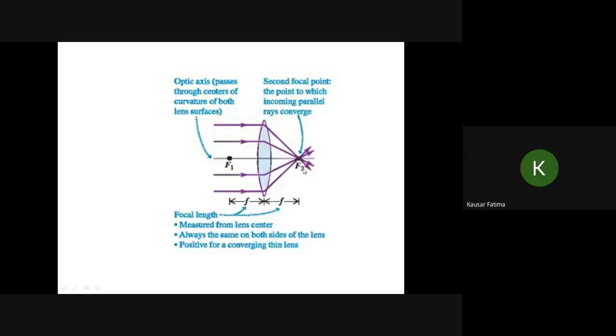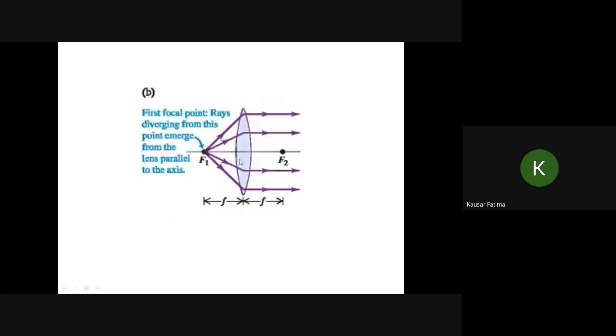There are two principal foci, and the optical center is the center of the lens. Here the rays are coming from the principal focus, and after passing through the lens they become parallel. In the same way, the path is reversed: parallel rays will come towards the focal point.